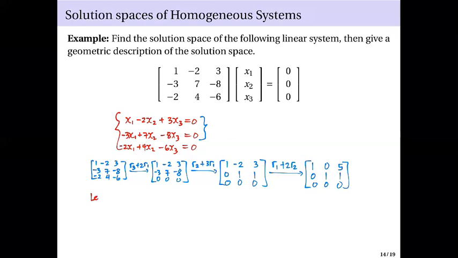Okay? So what we can do? We let x3 equals t.